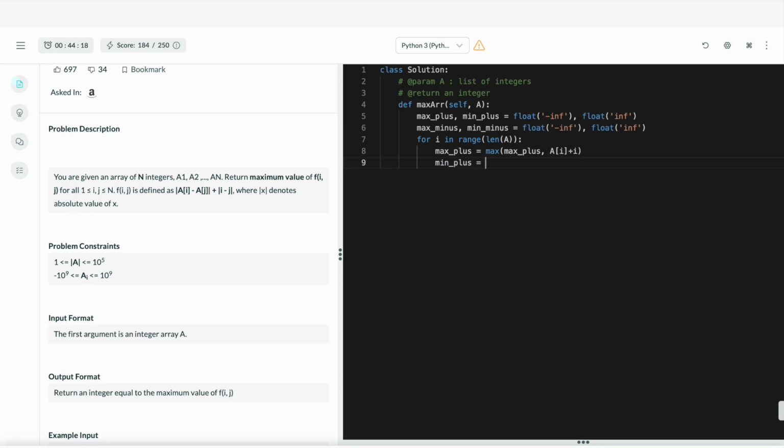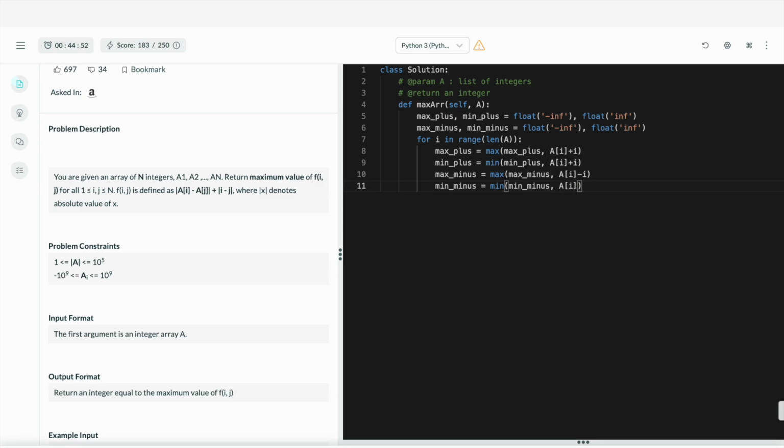Min plus equal to min of min plus and a[i] plus i, then max minus, max of max minus and a[i] minus i, min minus equal to min of min minus and a[i] minus i.